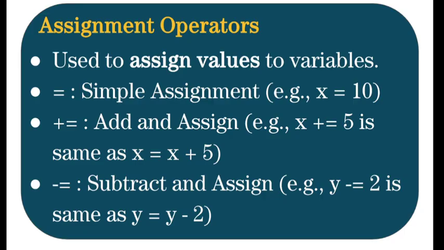We also have shorthand versions like plus equal, minus equal, and so on. This means add to the current value and then assign the new result back to the same variable. Here x plus equal 5 is the same as x equal x plus 5.